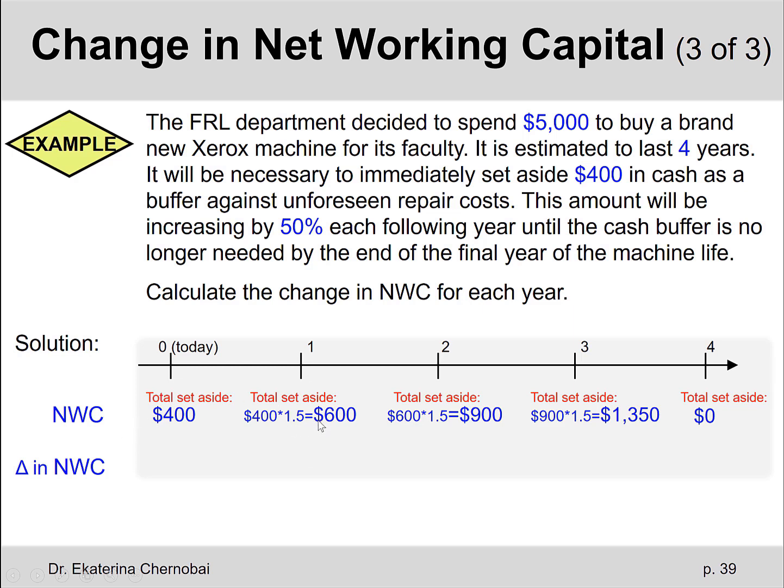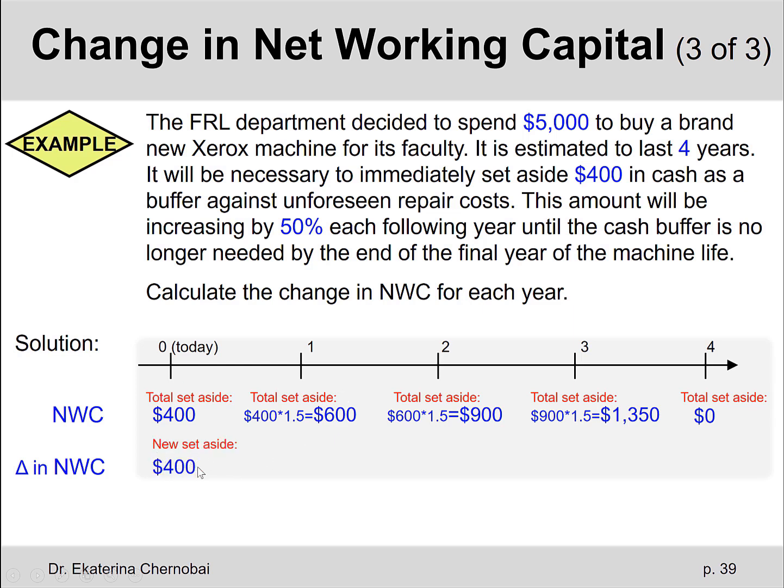we do not invest additional $600. Out of the total $600 reserve, $400 are from the year before, right? So we would be double counting $400 if we say that during the first year we set aside additional $600. So how much do we set aside during the first year?